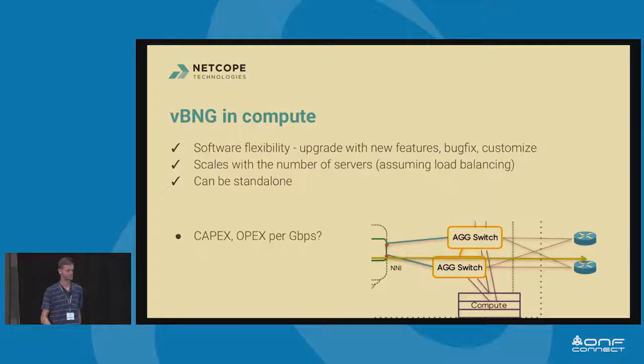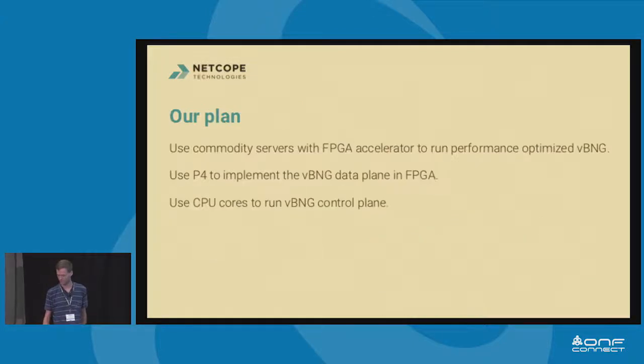What we need to get right is the price per gigabit per second, both CAPEX and OPEX, and the performance of a CPU-only solution can be a challenge here. So that's why we're working on an FPGA accelerated implementation of BNG.